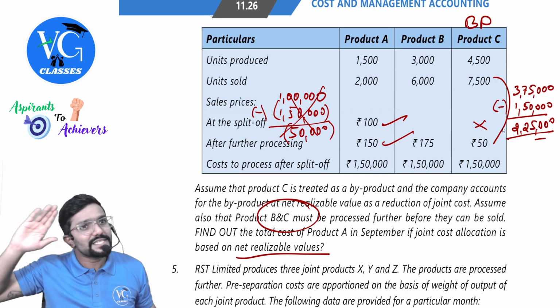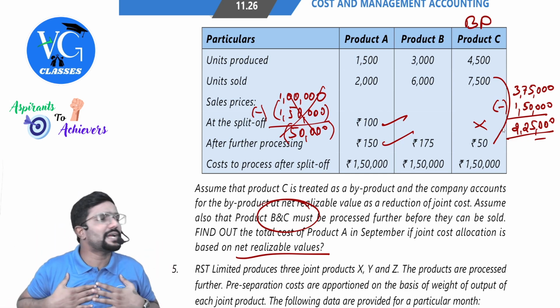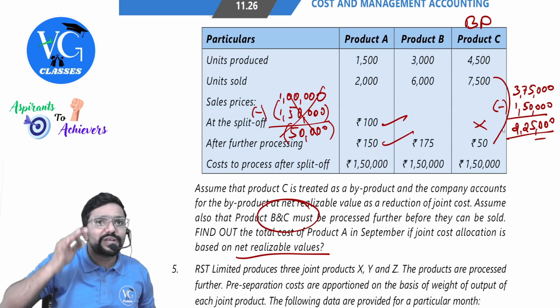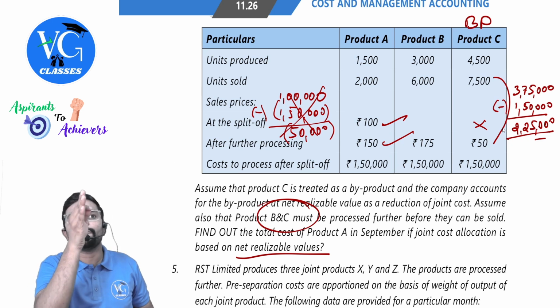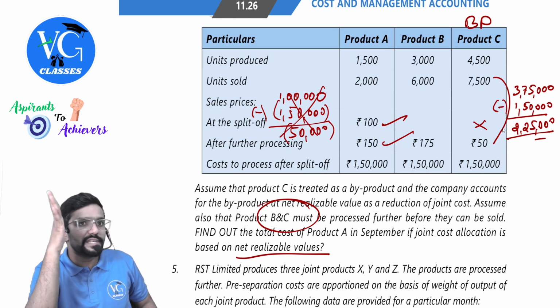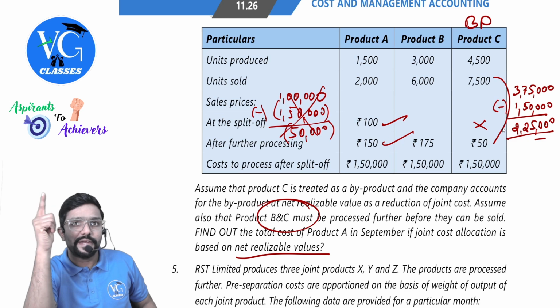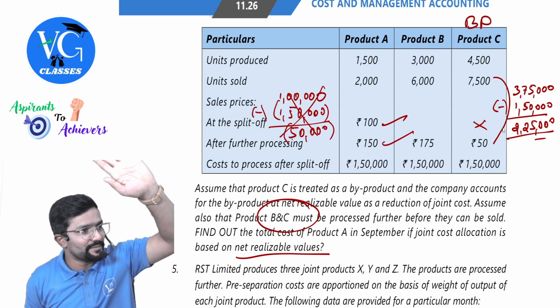Now, should we consider the sale value after further processing? No, the decision is already made. They are not even asking us. So that means to calculate net realizable value, we have to take the sale value at split off point. Only for this question, please be careful. I am explaining the reason also. Already the decision is made. Whereas in other questions, we used to first calculate net realizable value.